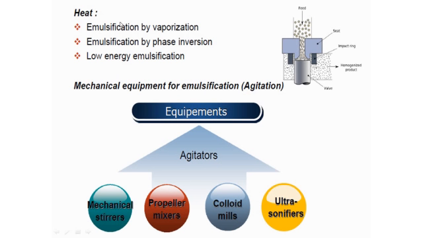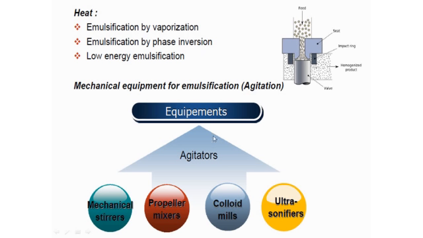Emulsification by evaporation, or you can say vaporization: we can use heat energy to produce the emulsion. Here we emulsify the oil or the water phase by the principle of vaporization. Moreover, we can use emulsification by phase inversion, and low energy emulsifiers.